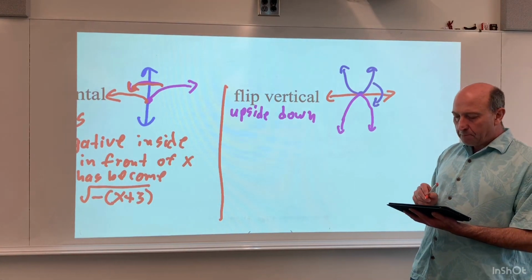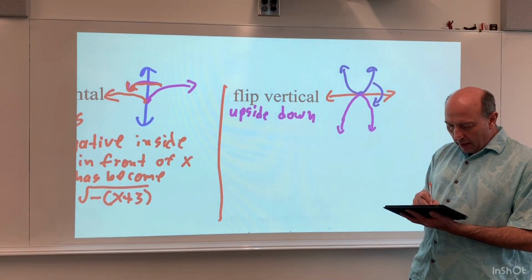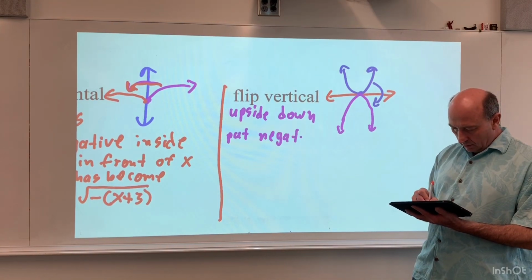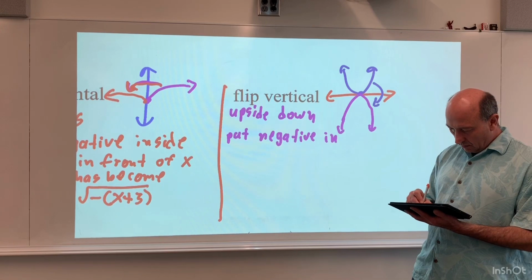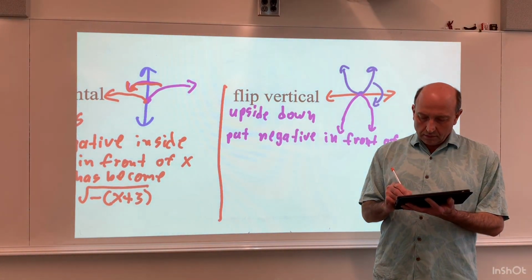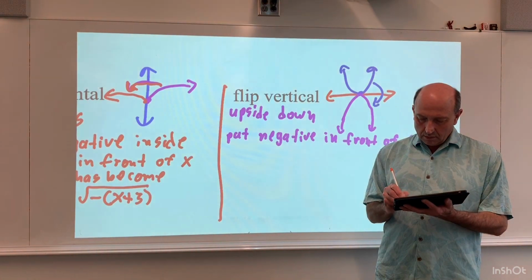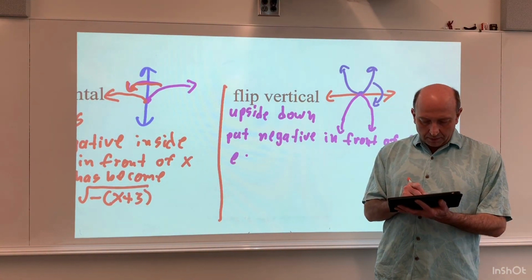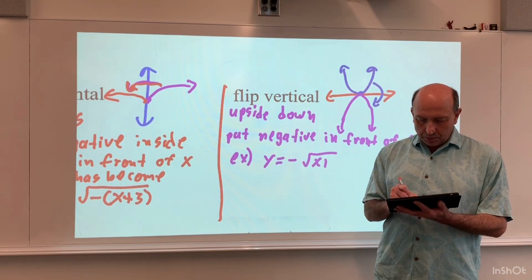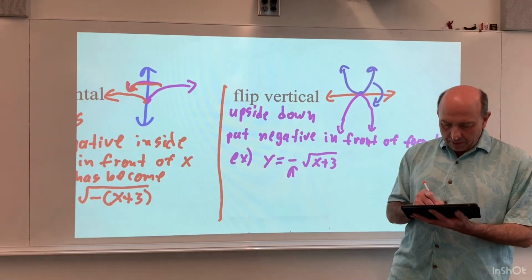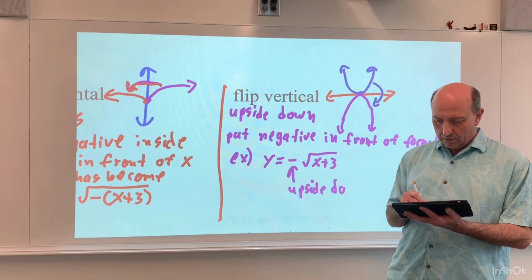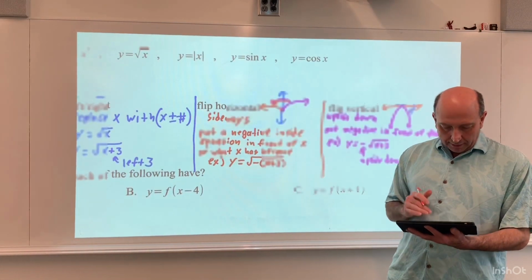Vertical flips are more common, and you put a negative in front of the formula. For example, y equals negative square root of x plus 3. That would flip it vertically, or upside down.